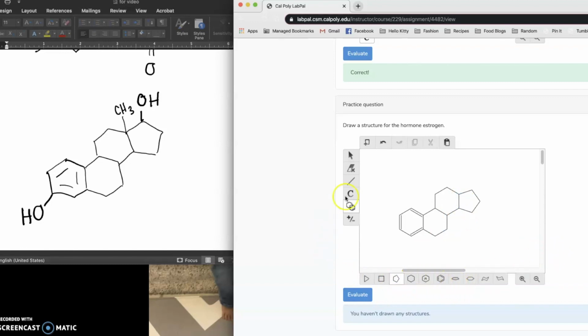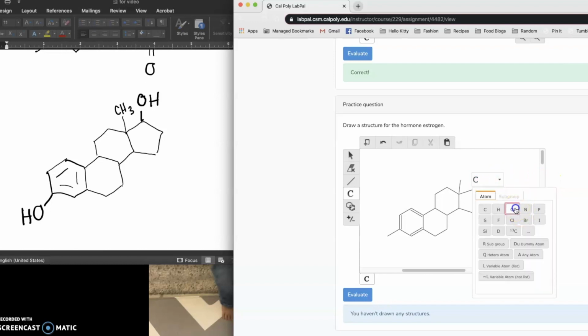Okay, and then let's add in all the stuff that comes off of the rings. So I have an OH group. So I clicked on the bond, click on this carbon. That's where I want the OH group to go. And then right here in this little valley, I'll put that CH3 group. And then right next to it, I have the OH. So then I'll go back to my elements, my atom changer, and then click on this.